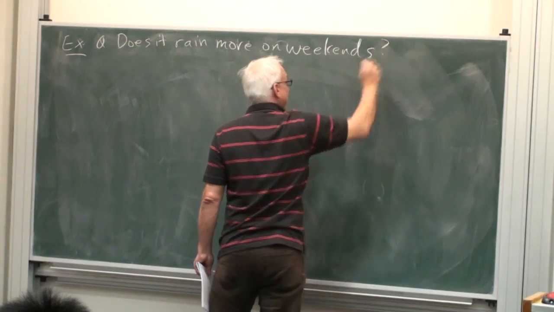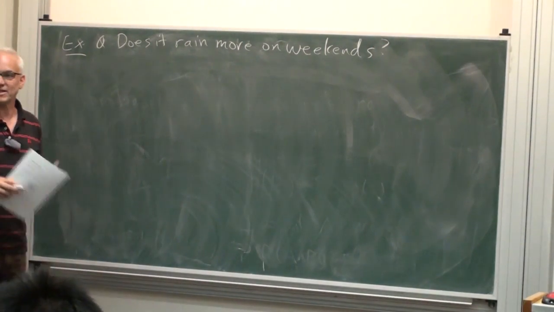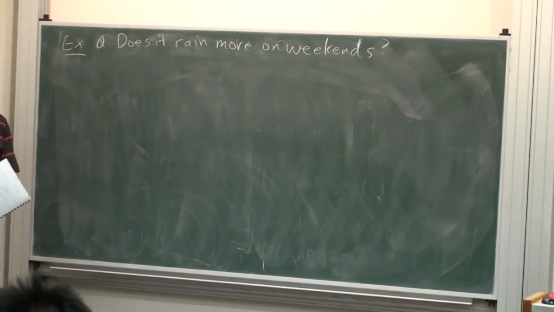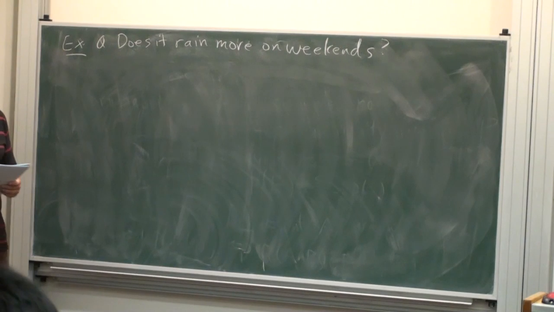Does it rain more on weekends is the question we're interested in. So maybe we perform an experiment. We're not going to take anybody else's word for it. We're going to make observations on our own for a year.